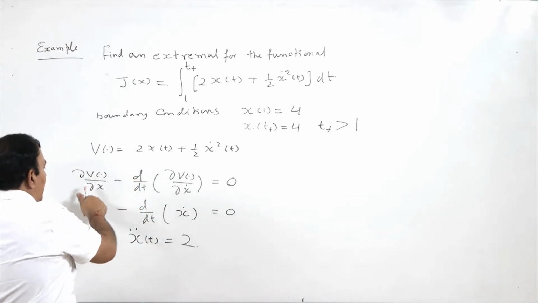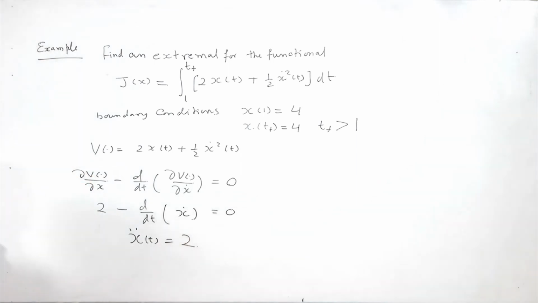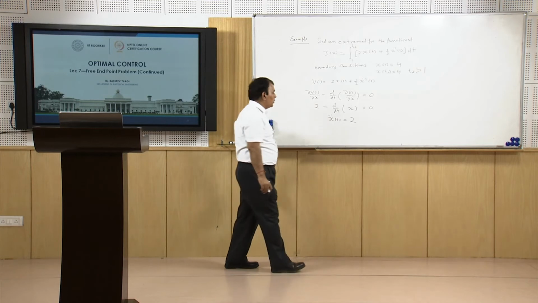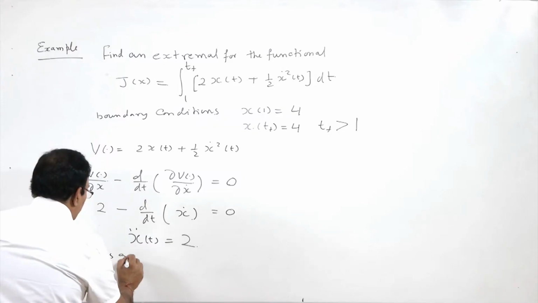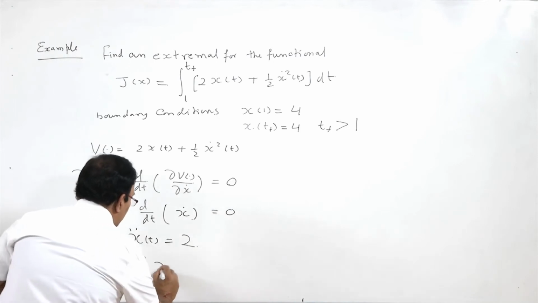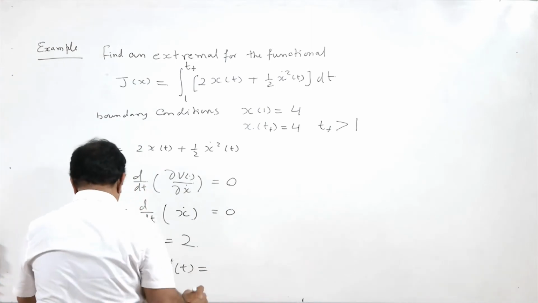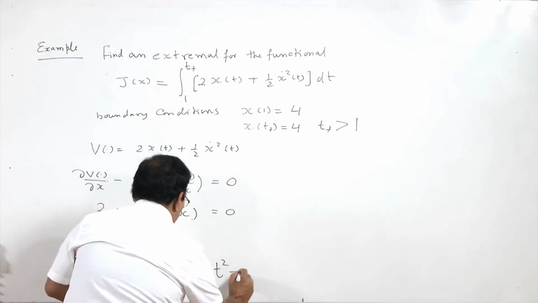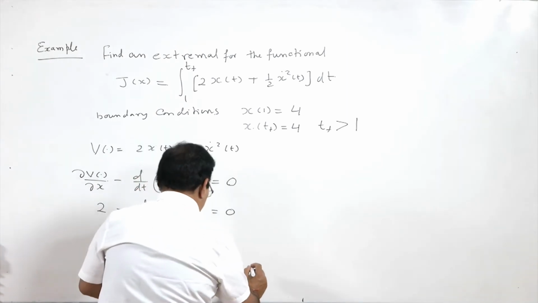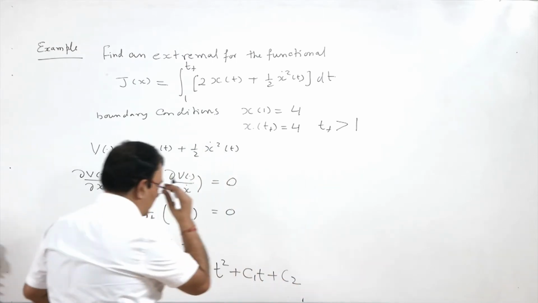So, the EL equation gives me another differential equation, which is nothing but ẍ(t) equal to 2, and the solution of this gives me x(t) which is t² plus C1 t plus C2.